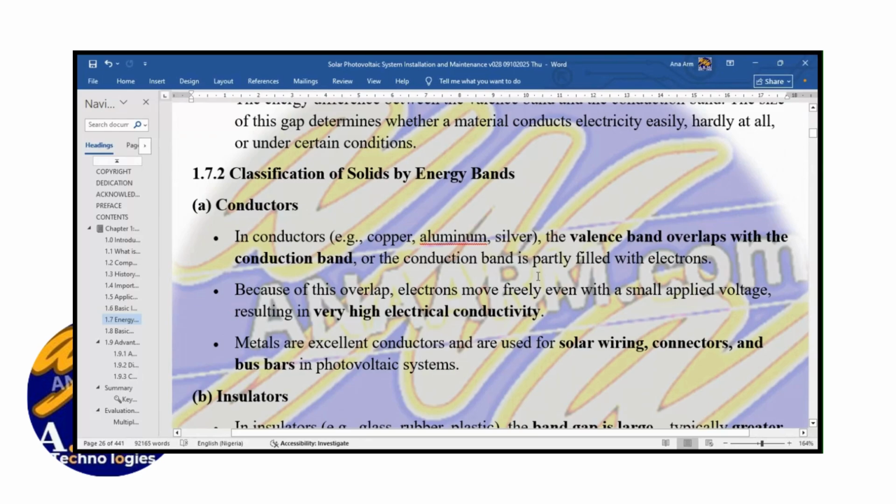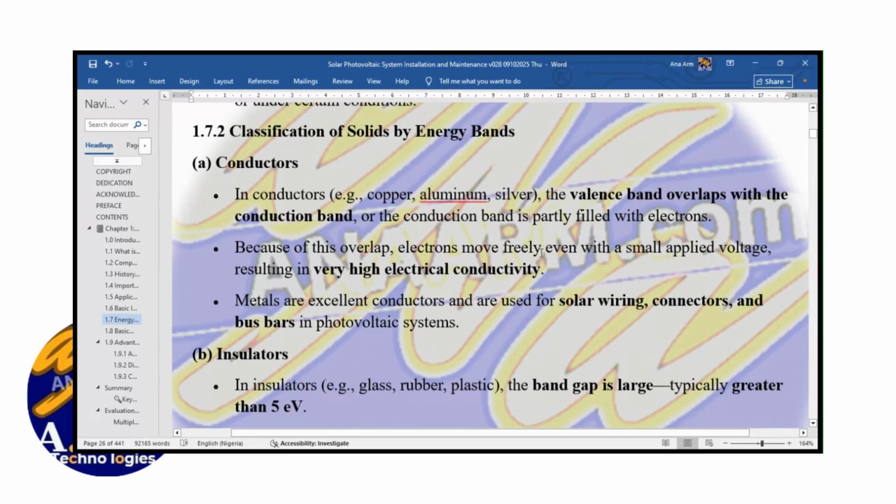Classifications of solids by energy bands. We have conductors. In conductors, e.g., copper, aluminium, silver, the valence band overlaps with the conduction band, or the conduction band is partly filled with electrons.